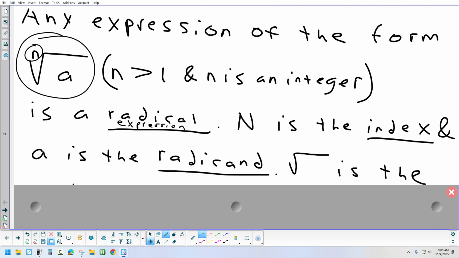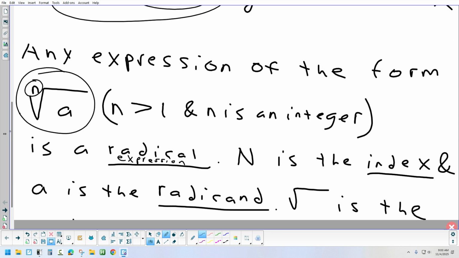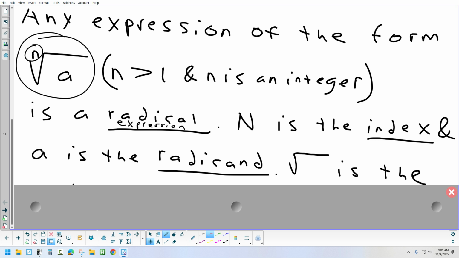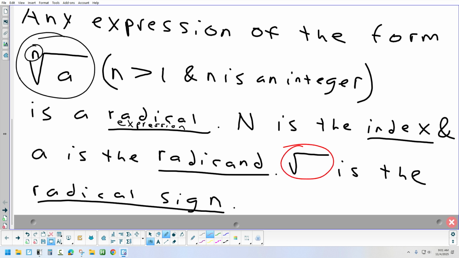The part that is underneath the root, like in this problem just the x minus 2, is called the radicand. It's just the part that's underneath the radical. This symbol is just called the radical sign, or you could call it the radical symbol.